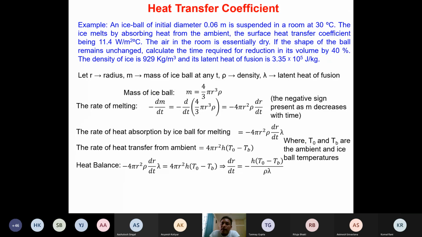The melting takes place by absorbing heat energy from the ambient, and this heat energy is absorbed in the form of latent heat of fusion, because the ice ball is melting from solid to liquid. So we can directly multiply the rate of change of mass by lambda. That will give us the rate of the amount of energy absorbed by the ice ball.